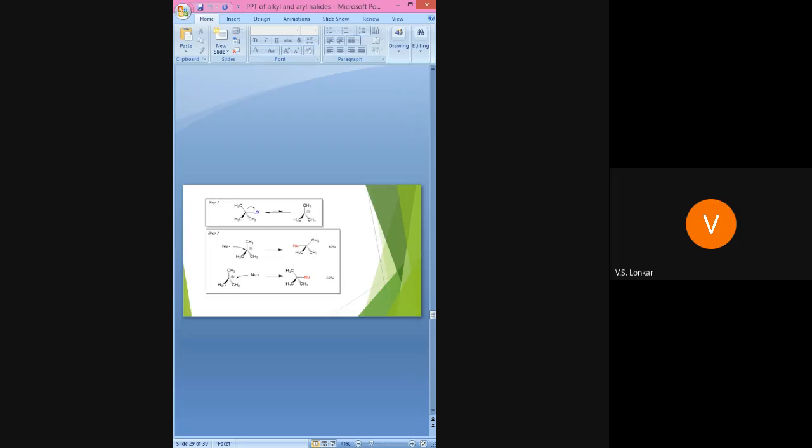SN1 is a unimolecular reaction, a two-step reaction. In the mechanism, the first step is bond breaking, which is heterolytic fission, and in the next step the nucleophile attacks the carbocation. The attack can occur from both sides, so 50% inversion and 50% retention takes place.